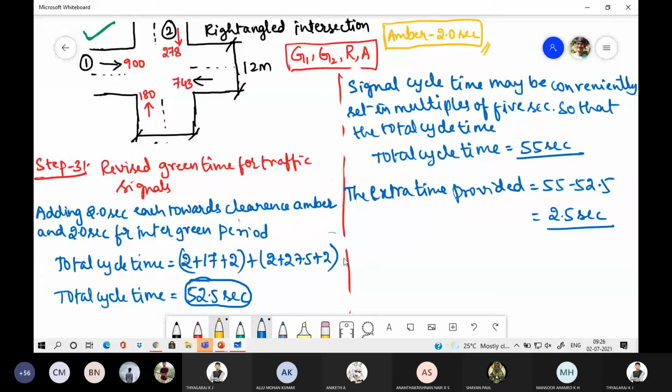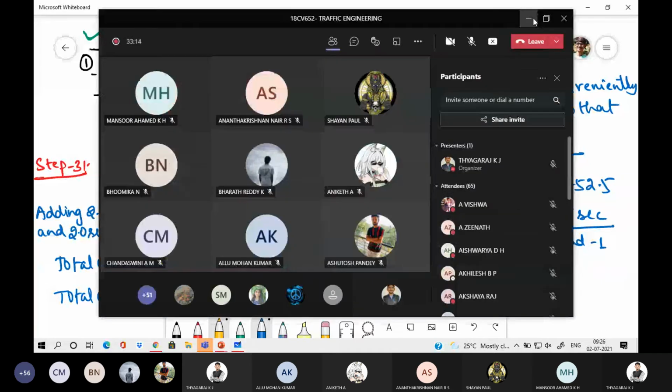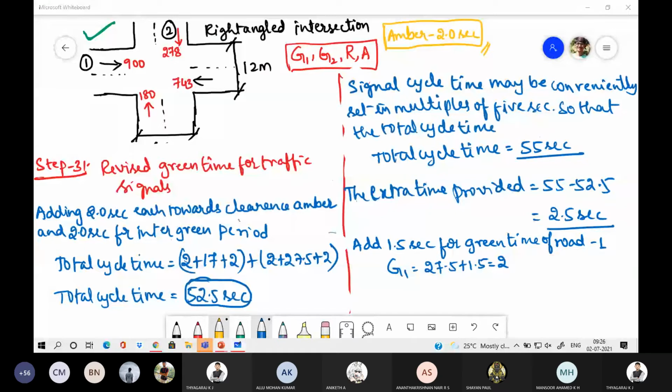Now make a statement here: add 1.5 seconds for green time of road 1. So G1 is equal to 27.5 plus 1.5, equal to 29 seconds.